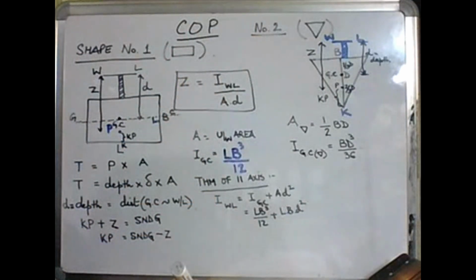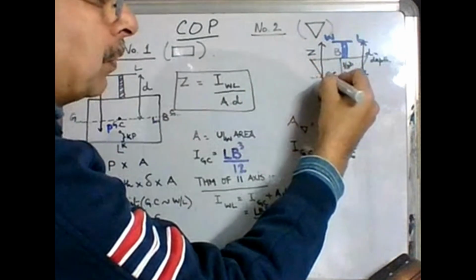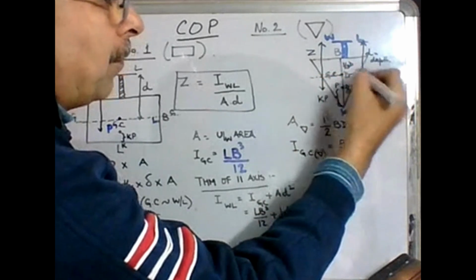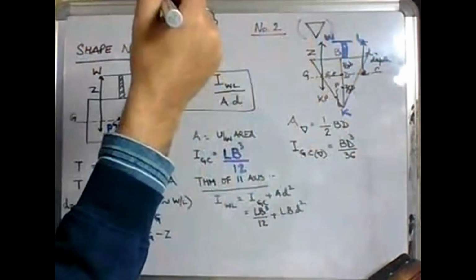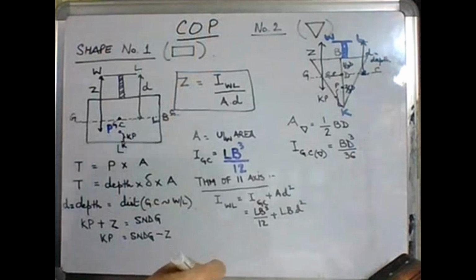Moment of inertia of the triangle about its GC. This is the axis about GC. We are going to be shifting it to the waterline.